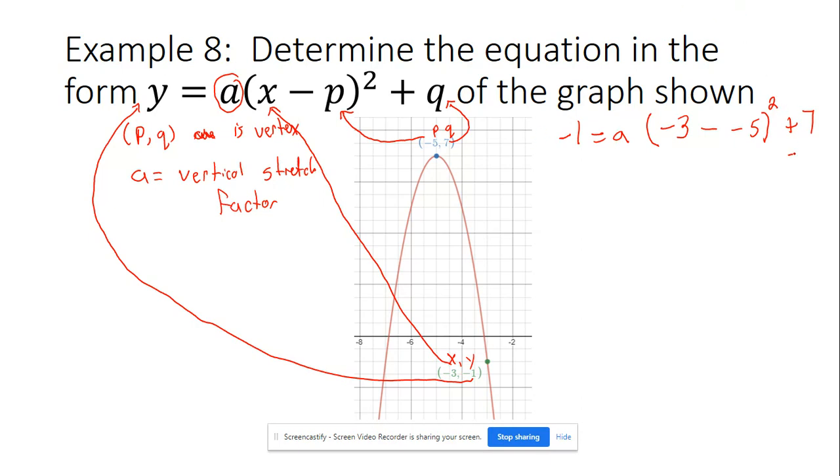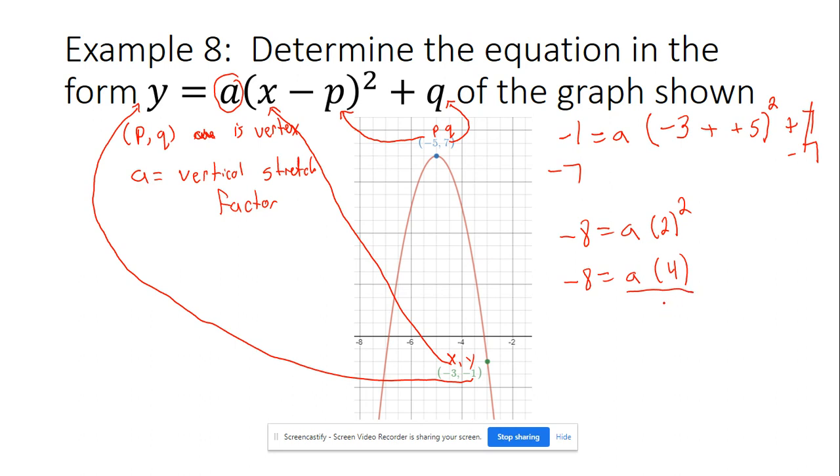Okay, so now we're going to solve for a. I'm going to go minus 7 like that, get rid of this guy over here. Negative 1 minus 7 is negative 8. And negative 3 minus negative 5 is the same thing as adding the opposite, which is going to be 2 squared. So negative 8 equals a times 4.